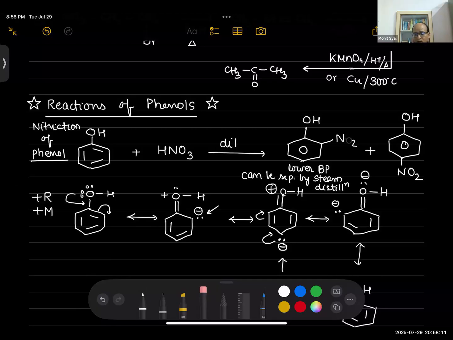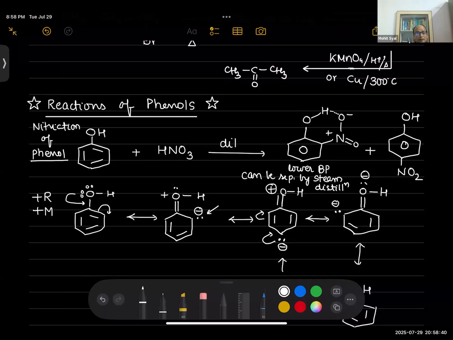But why is it having lower boiling point and why is para having higher boiling point? If you look at it closely, you will observe that this H and O minus of the nitro group are connected to each other by intramolecular hydrogen bonding, within the molecule.